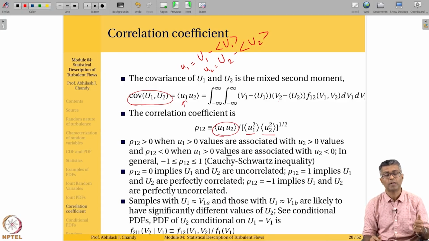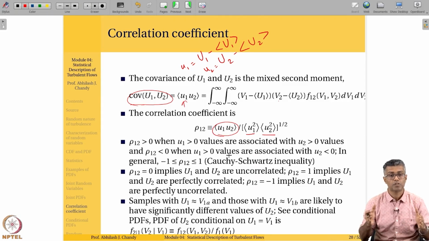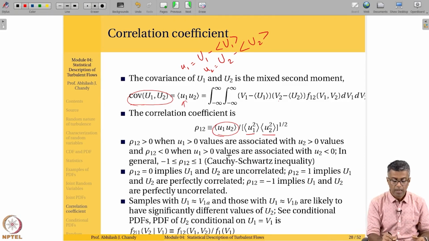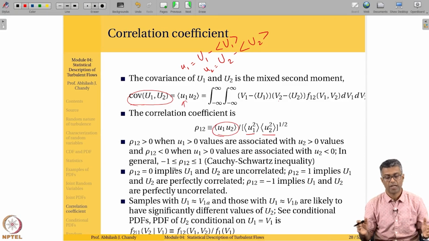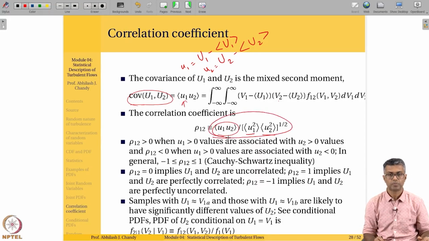That means u1 greater than 0 values are associated with u2 less than 0 values. And because this is a normalized quantity, rho 12 is going to be between -1 and 1, and you can see that easily from this equation.